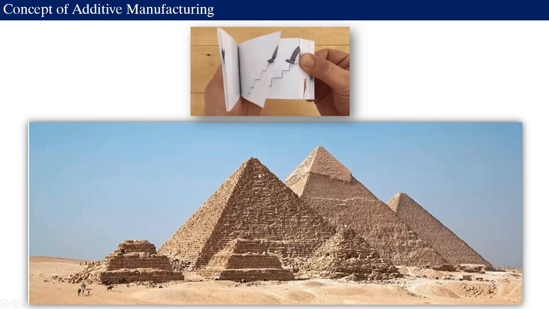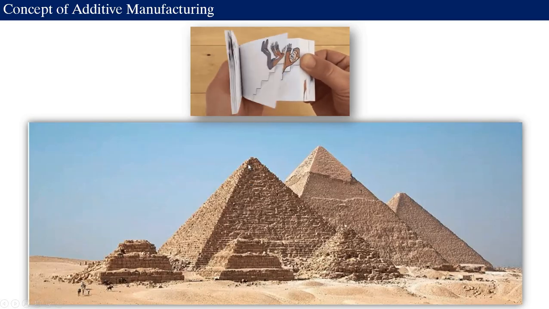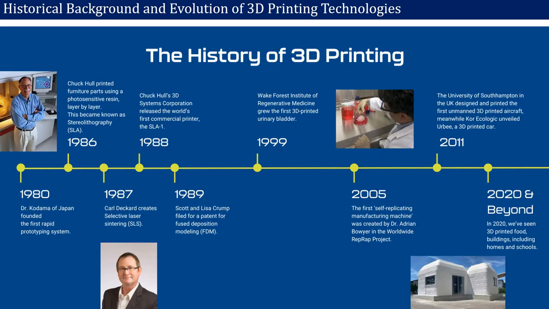If you take the concept of a pyramid, to form this pyramid, initially the base is formed, and then the second layer, the third layer, and then it goes to the top. In the same way additive manufacturing works. That means it forms the complete model layer by layer.